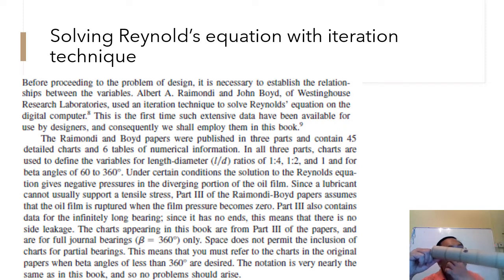While it is being put in, meaning initially when you start working, you pour lubricant inside it, while the lubricant is being filled to 360 degrees, it is partially full. That is not covered in this Raimondi and Boyd equation and graph.